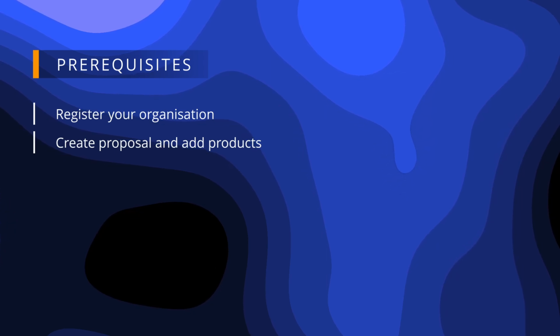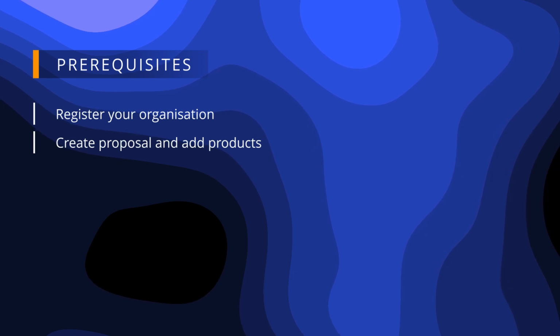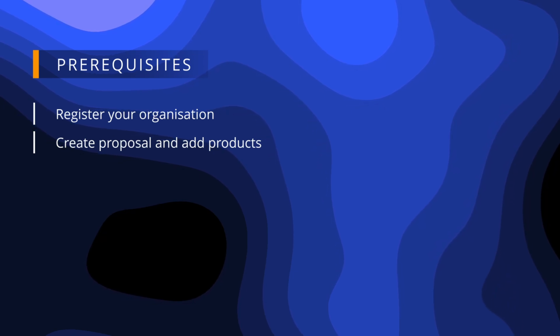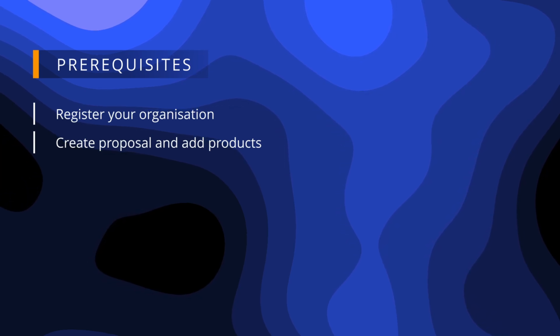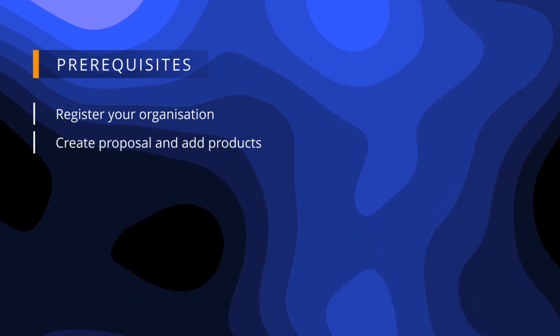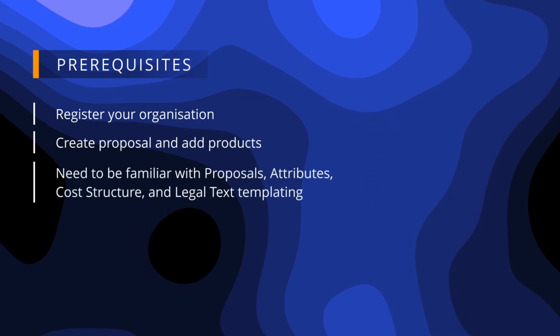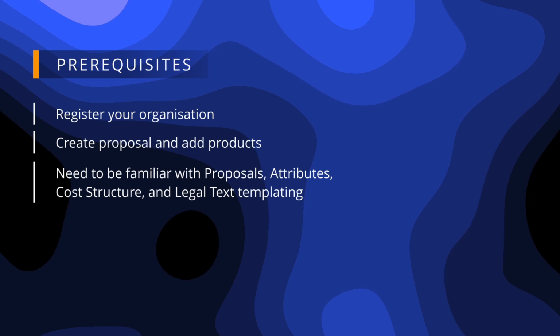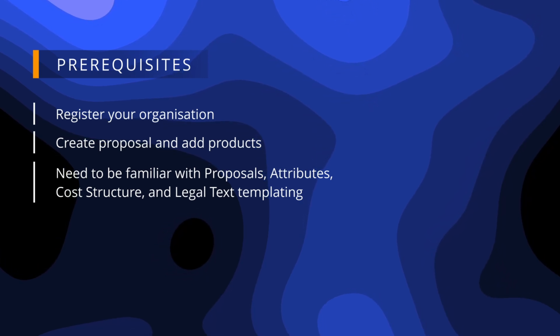Because resources play a central role in agreements, they touch many different features of the application. If you're watching this tutorial from the playlist, then you're good to go, otherwise these are the areas you'll need to be familiar with. It's not necessary that you fully understand agreements and proposals for this session, but you should be familiar with agreement cost structures and understand how formulas in cost items work in calculating the product costs.